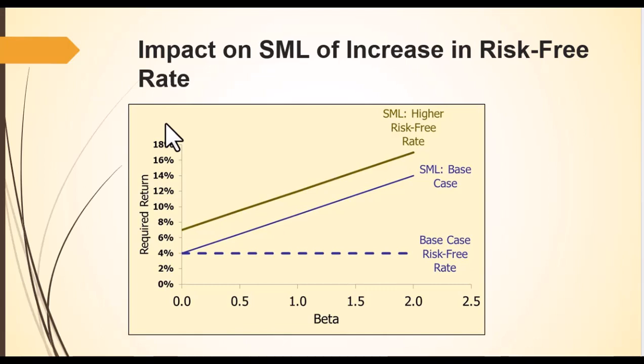So if inflation happens, the entire security market line shifts upward. Let's say that you had this stock here. We find out it's greater than what the capital asset pricing model says, so you would like to buy this stock. But if inflation goes up 4%, now this stock is giving you a return that's less than what you wanted.